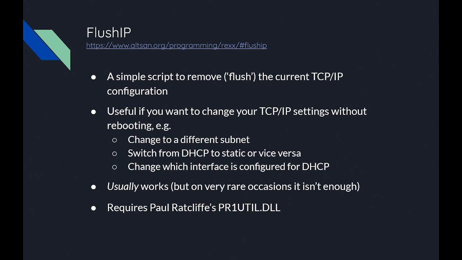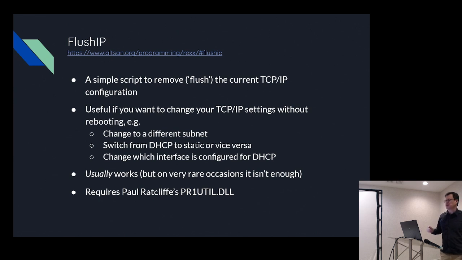So when you configure your network settings and you want to change them to something else, you kind of need to clear out the old configuration, because it's not just the IP address that's changed. The subnet may have changed, which may affect the routing tables, which might affect the ARP tables.